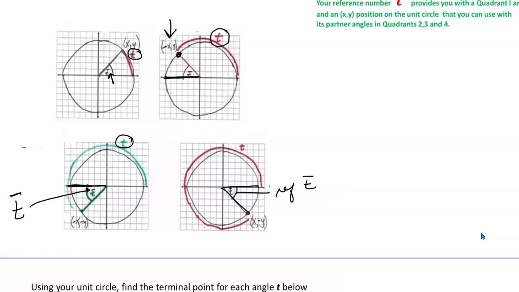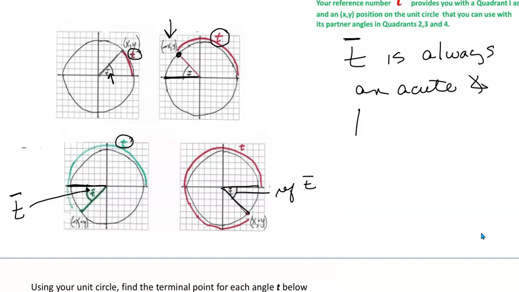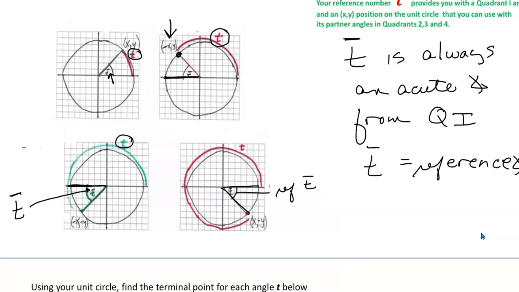Okay, so T bar is always an acute angle from quadrant 1. Okay, so T bar is called your reference angle or reference number.